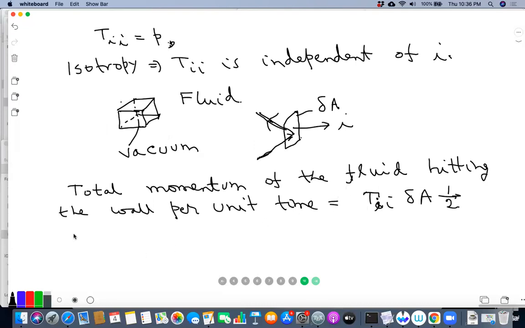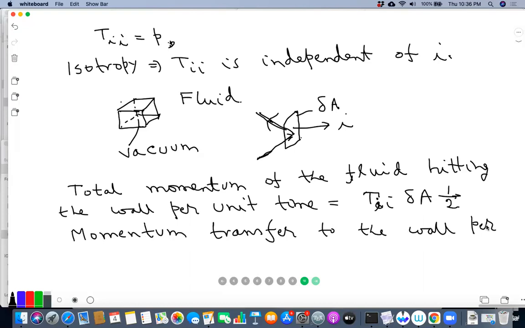So now we calculate the momentum transfer to the wall per unit time along the ith direction.